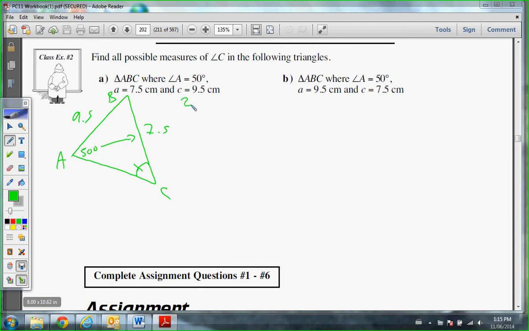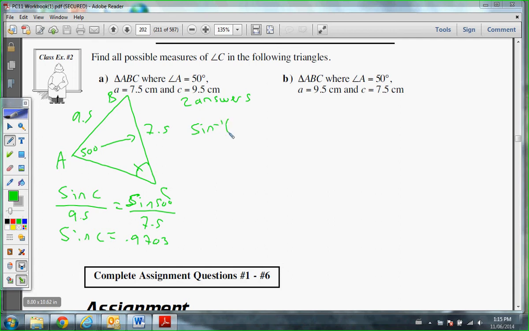Now we just do the work to get that. We just do our law of sines. So I'm going to go sine of C, which I don't know, over 9.5 equals sine of 50 over 7.5. Multiply the 9.5 over, and that's going to give me sine C is 0.9703.